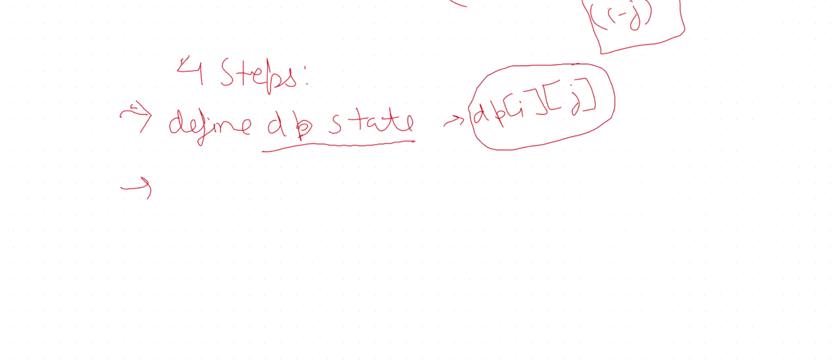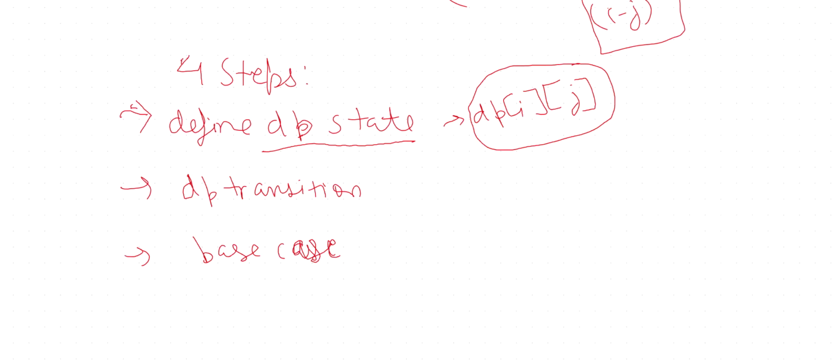And when you have this DP state, then you need to find the DP transition. It means the formula to calculate DP of ij. Then you will have to find the base case, which means what is the lowest sub problem whose answer you know. So there might be the smallest problem whose answer you know.